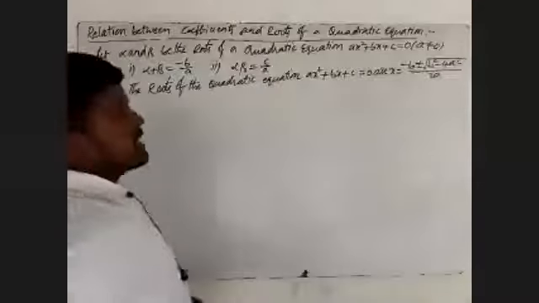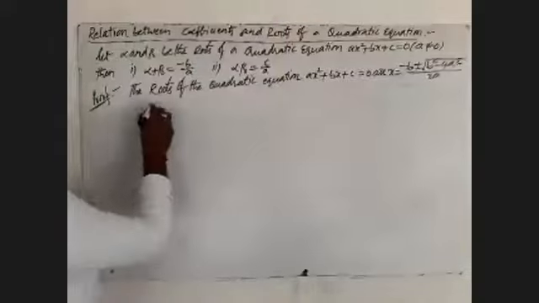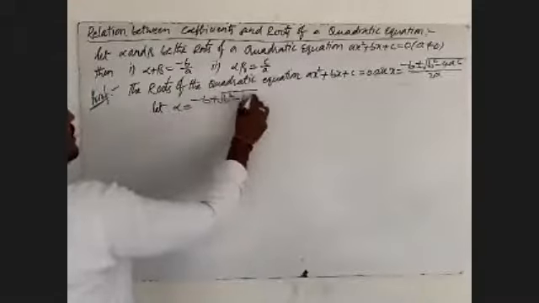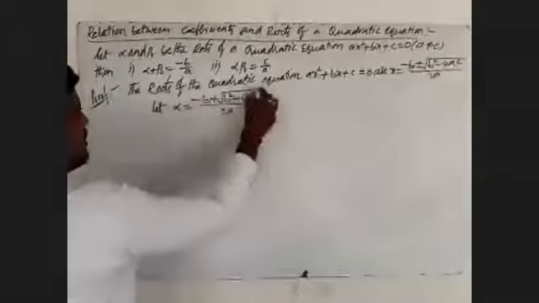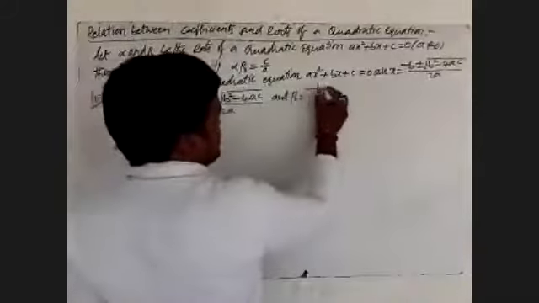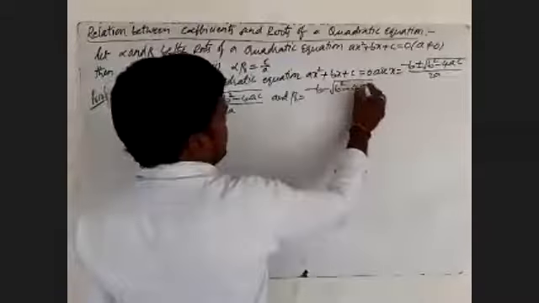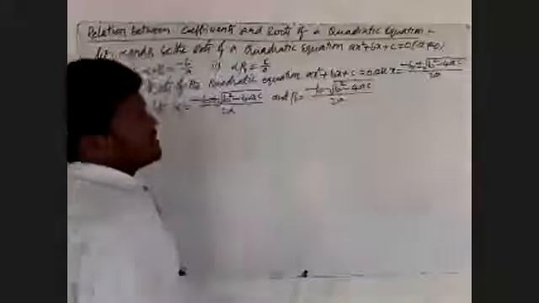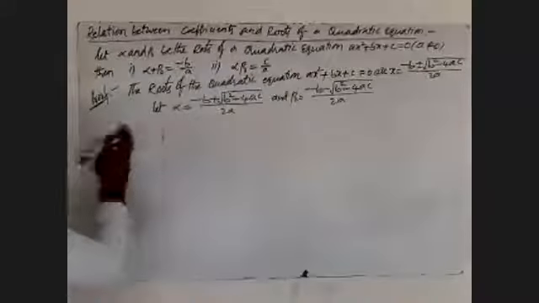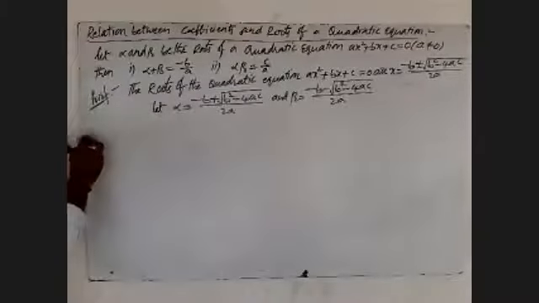One root takes plus, the other root takes minus. So alpha is equal to minus b plus root of b square minus 4ac by 2a, and beta is equal to minus b minus root of b square minus 4ac by 2a. These are the two values, one is alpha, another one is beta. First we'll take the first condition, alpha plus beta.